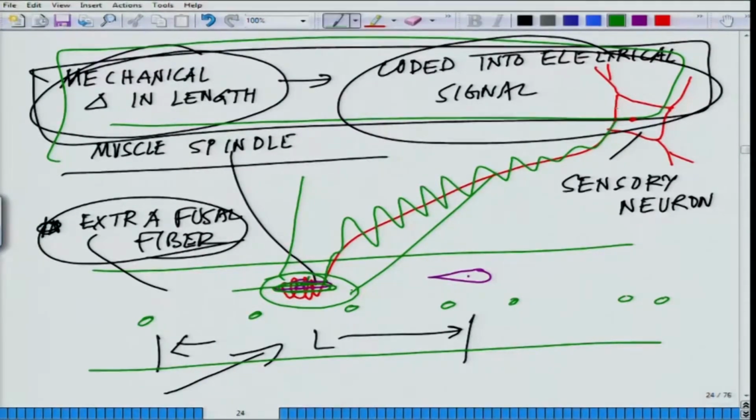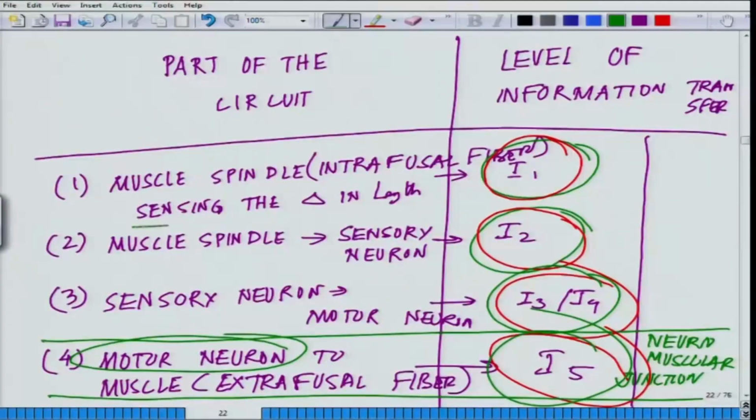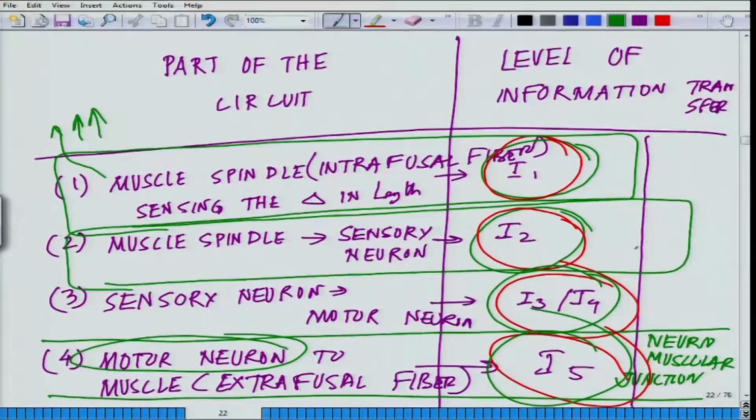But still nobody is really clear how information comes from the muscle spindle. In other words, how this is first of all sensed is under intense study, and how the muscle spindle sends the signal to the sensory neuron is another unsolved mystery.